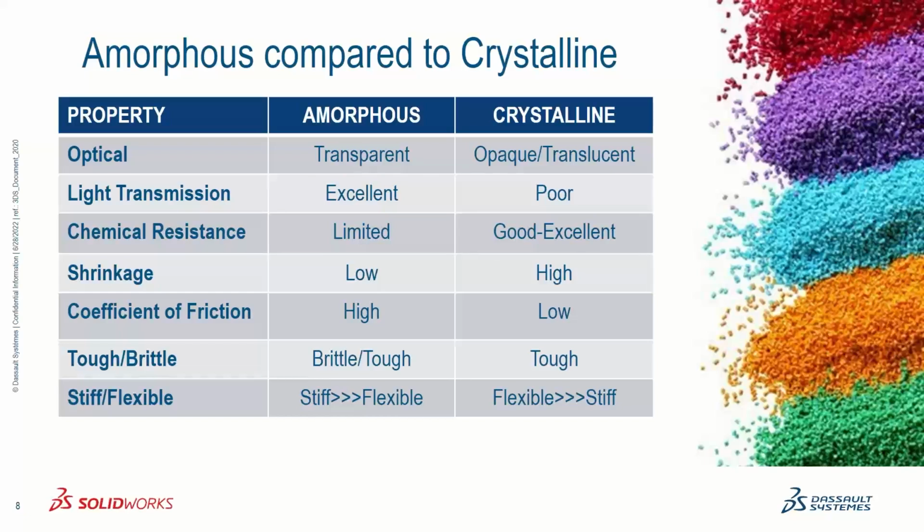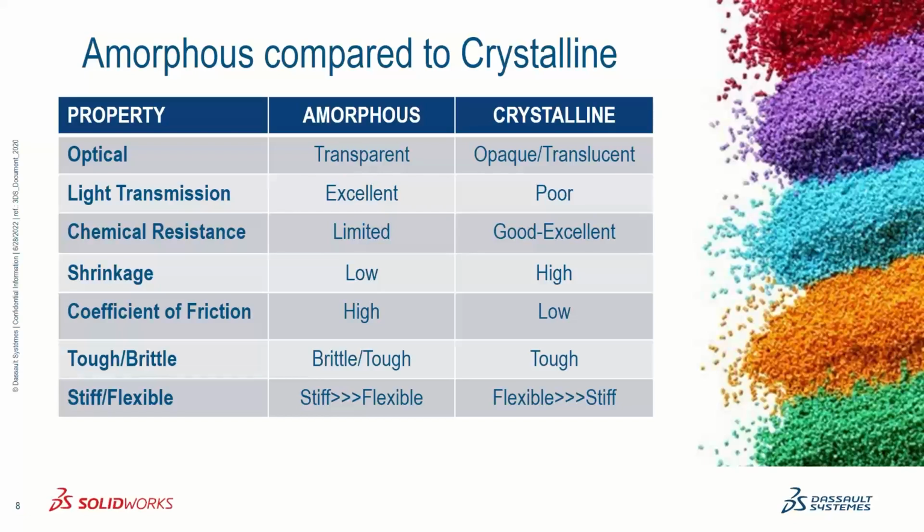They are sort of unorganized and intertwined and randomly oriented. As a result of this, amorphous polymers have a range of temperatures at which they melt. So they don't have a precise, well-defined melting point. These polymers are isotropic in flow, which means that they shrink uniformly in the direction of flow as well as transverse to the flow. This typically results in lesser shrinkage and less tendency to warp.